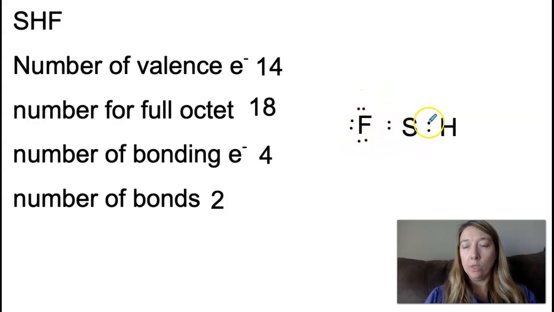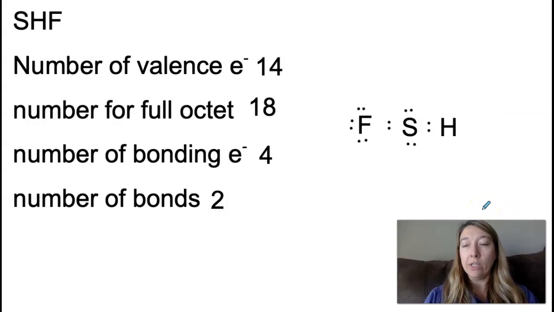It has 2 and 4. So we need to give it 4 more. So a pair and a pair. Okay, we always draw them in as pairs. We're never going to draw them in as singles. Okay, then we get to hydrogen. So remember, hydrogen only wants 2 valence electrons. It already has 2 from this shared pair, so I don't need to add anything to it.